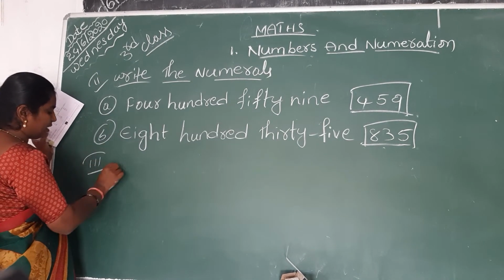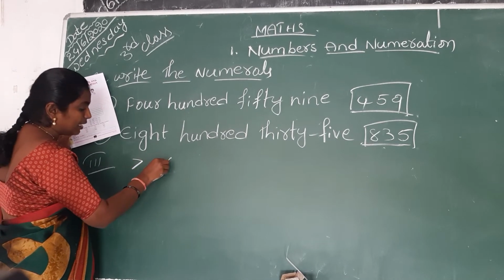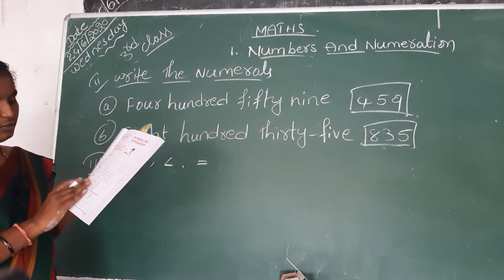Next, the third one: write the greater than symbol, the less than symbol, or the equal symbol. Here two numbers are given.